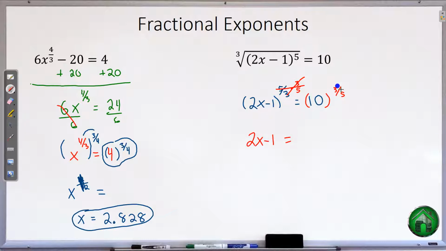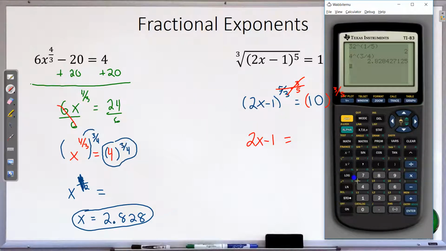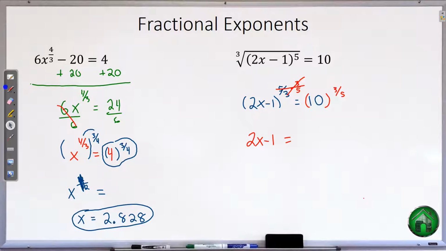And on the other side, I have to figure out what is 10 to the power of 3/5. Again, that's calculator work. So 10 to the power, use parentheses, of 3 divided by 5. So it's 3.98.